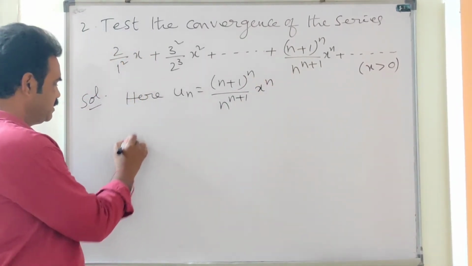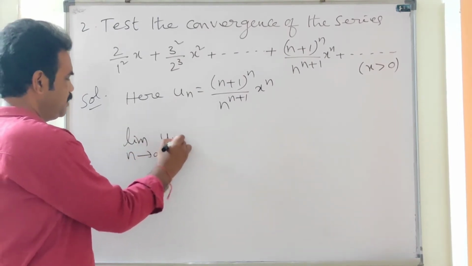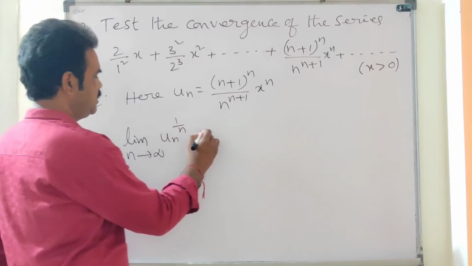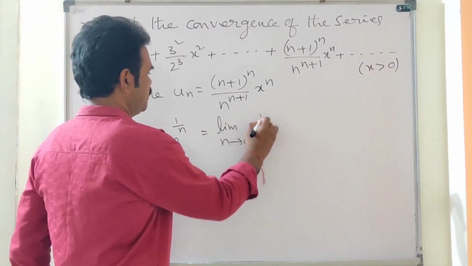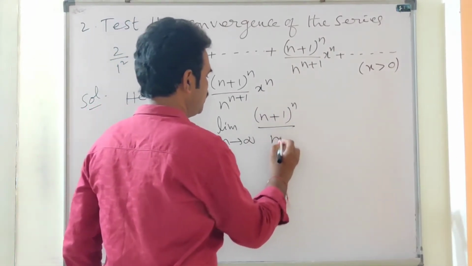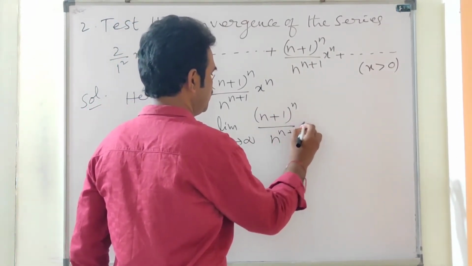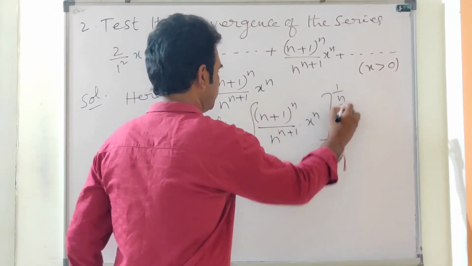Now find the limit. Limit n tends to infinity, un power 1 by n, that is limit n tends to infinity, n plus 1 whole power n by n power n plus 1 into x power n whole power 1 by n.